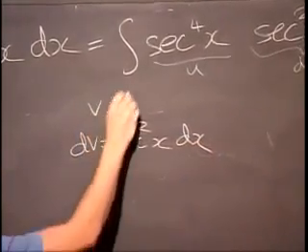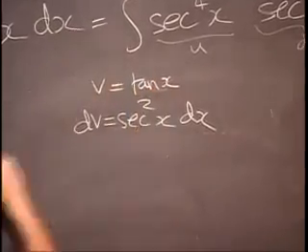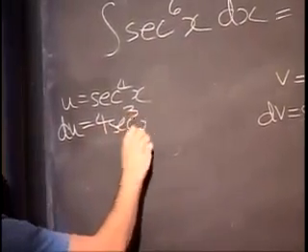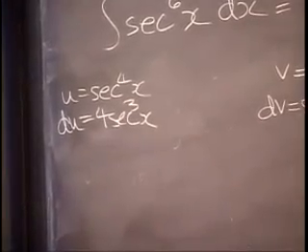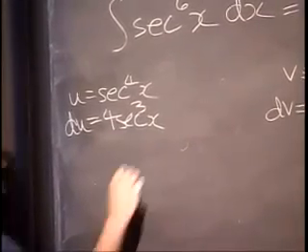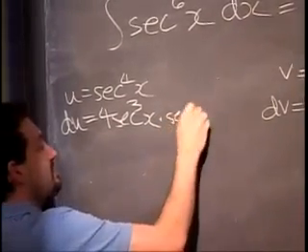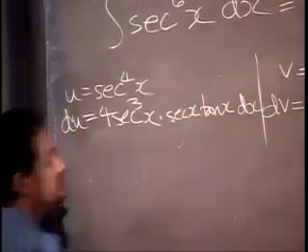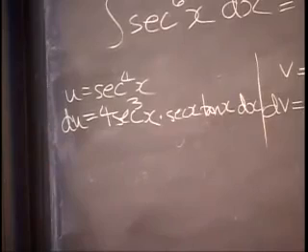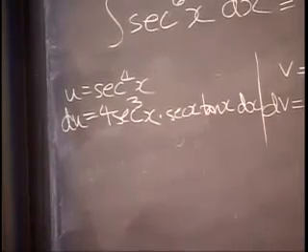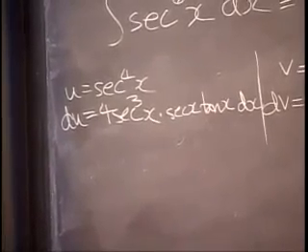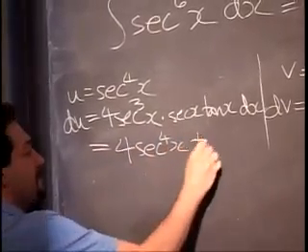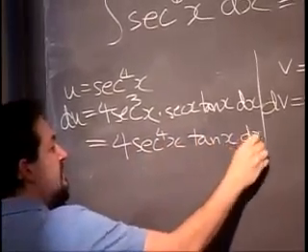So v is tan x. du is 4 secant cubed x. That's just the power rule. Unfortunately, you also need a secant x tan x dx, because the derivative of secant is secant x tan x. So I guess that simplifies to 4 secant to the 4th x tan x dx.